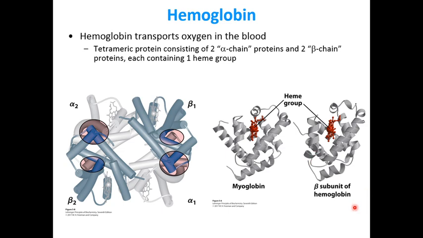So this is a beta subunit of hemoglobin, and this is the structure of a myoglobin. The way the heme molecule is bound in both myoglobin and hemoglobin is also quite similar. There are only 27 identical positions among these two proteins.